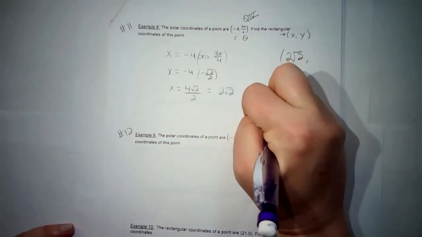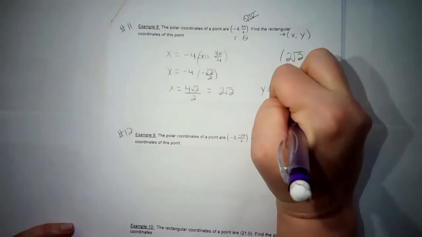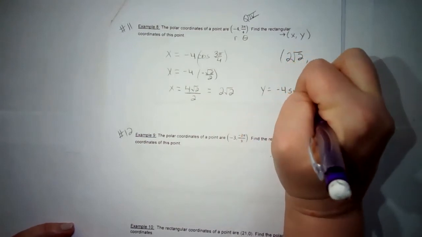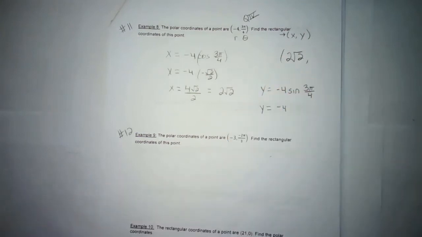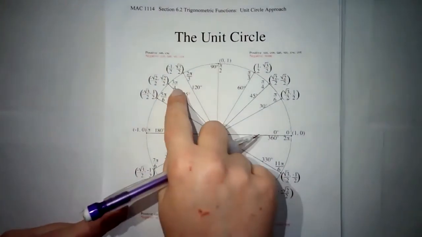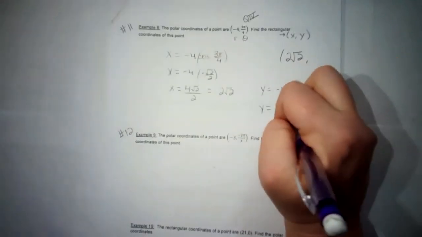Okay, everybody okay with that? Let's try y. All right, my y is going to be r times the sine of 3 pi over 4. Okay, if I go back to sine of 3 pi over 4, sine is positive root of 2 over 2.